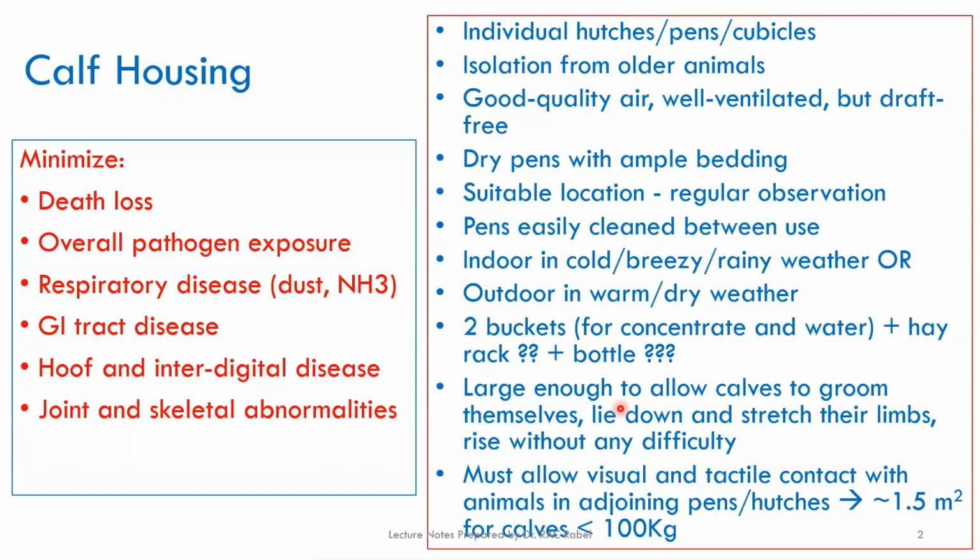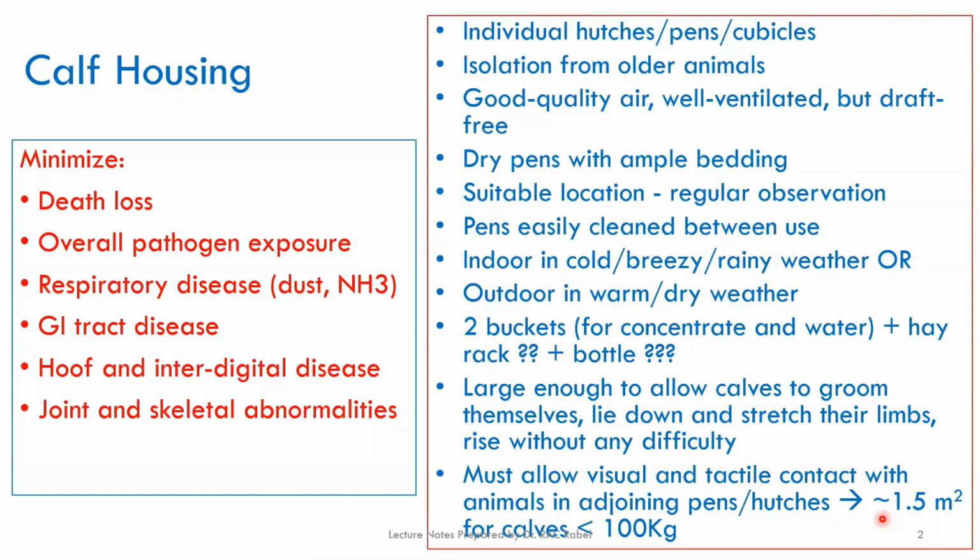So usually we recommend about a 1.5 square meter calf pen area. I'll go into the details on that. So that comes to about 3.5 feet by 4.5 feet approximately. And of course this also is not a figure that is set in concrete, because ideally it has to depend on the size of the calves.